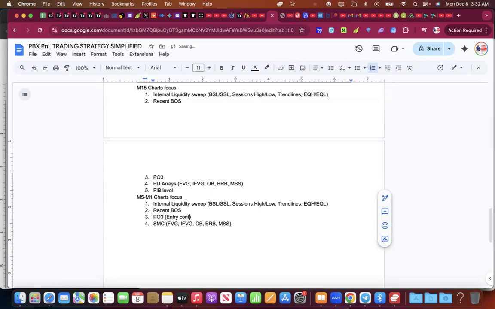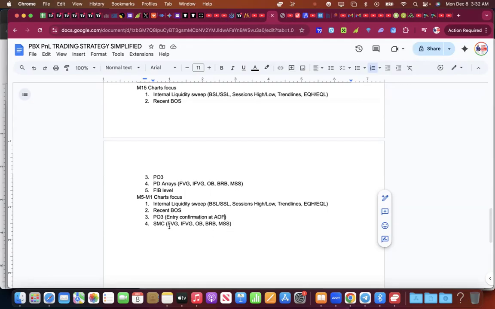Entry confirmation at the AOF, that is the area of focus. This is when we find the power of 3 in the area of focus, and we put in our entry confirmation.